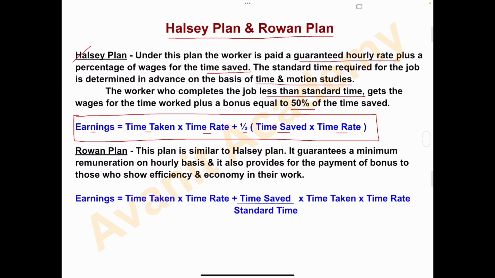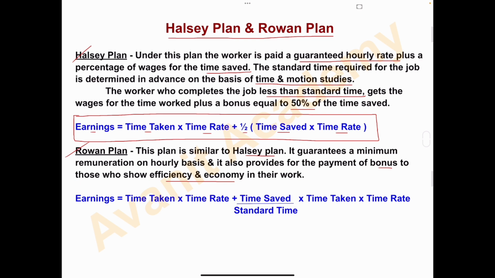Next one is Rowan plan. This is similar to Halsey plan. It guarantees a minimum remuneration on hourly basis and it also provides for the payment of bonus to those who show efficiency and economy in their work.